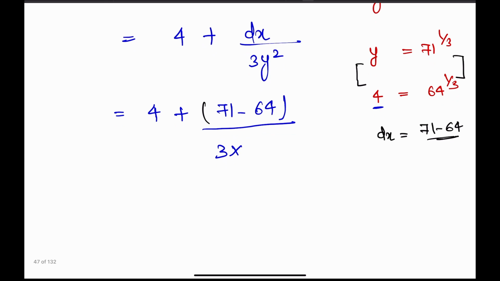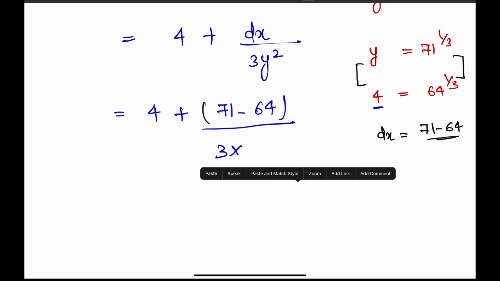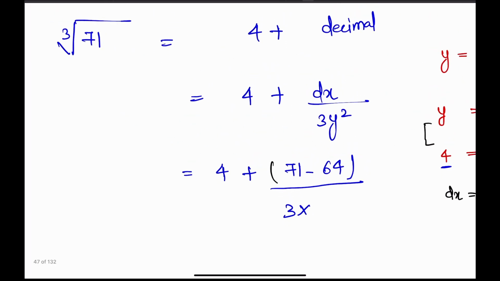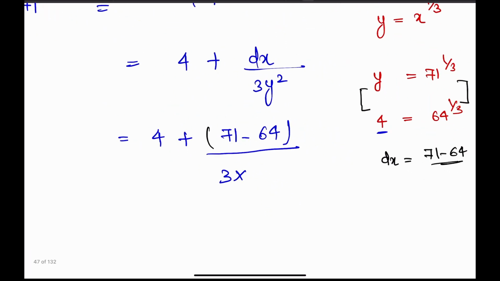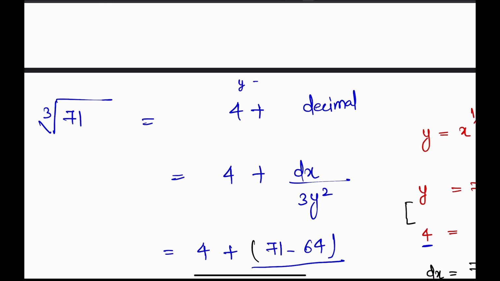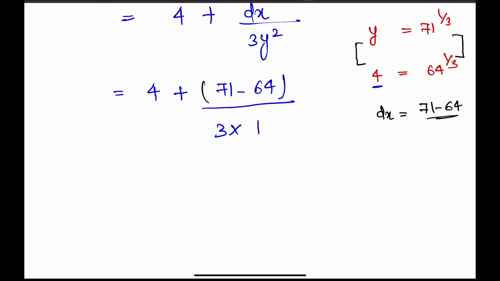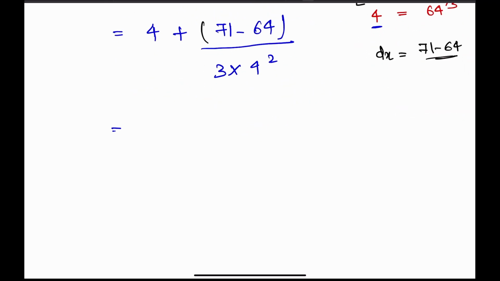Because if you see correctly now, it will look something like this, which is actually y plus decimal. Okay, so here it will be 4 square. So let's try to solve this expression. 4 plus 7 upon 4 square, which is 16. 16 times 3 is 48.